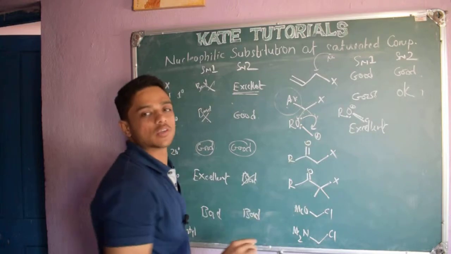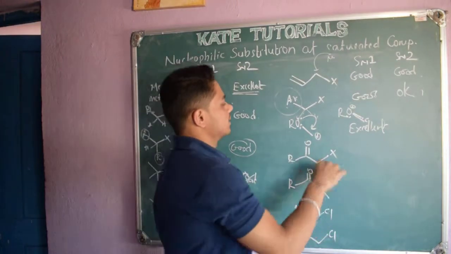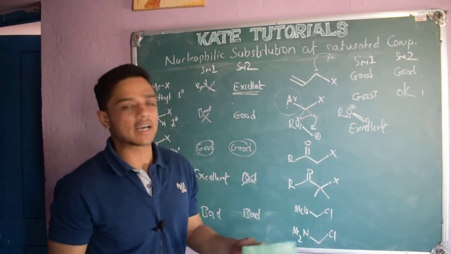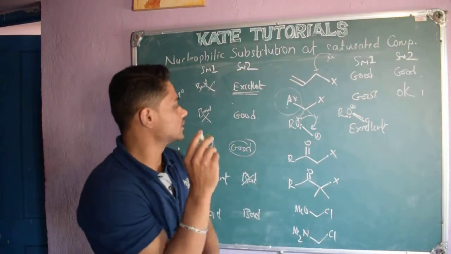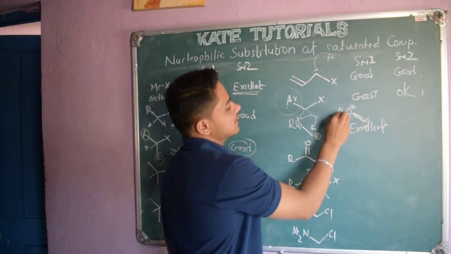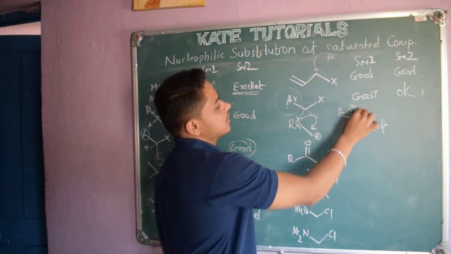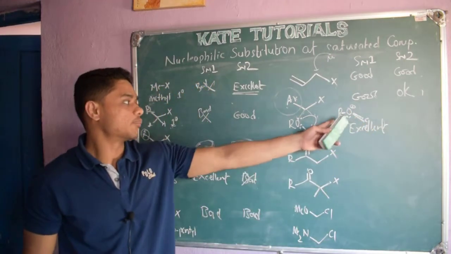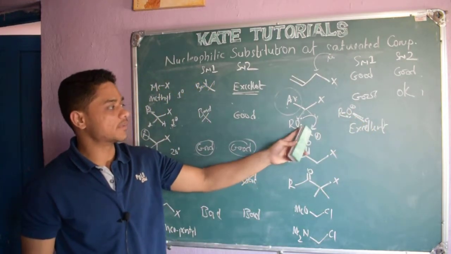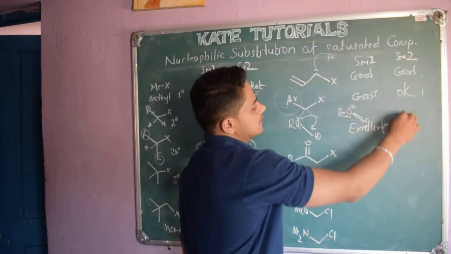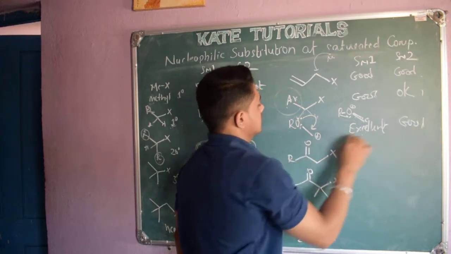You need to satisfy carbon valency; in these compounds we don't show the hydrogens. Counting 2, 4, 6, 8, the positive species satisfies the octet rule, so that compound is stable. This carbocation is stabilized by the lone pair of electrons, so it is excellent. It may give SN2 too, only based on the size of the R group.